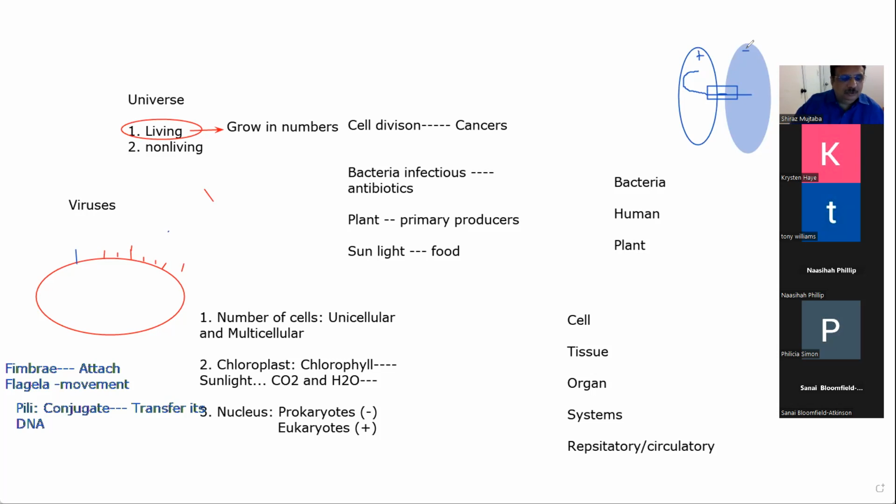So we discussed those apertures that are present on the surface of a bacterial cell. Okay. Now let's look at the bacterial cell wall and cell membrane.